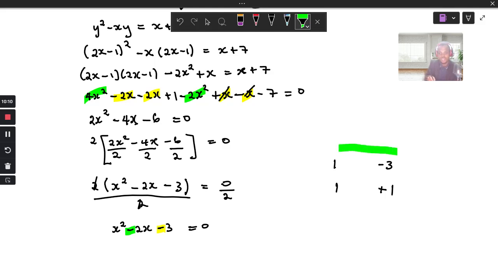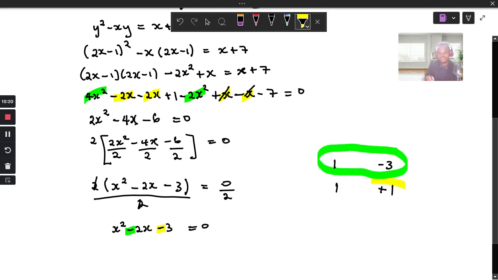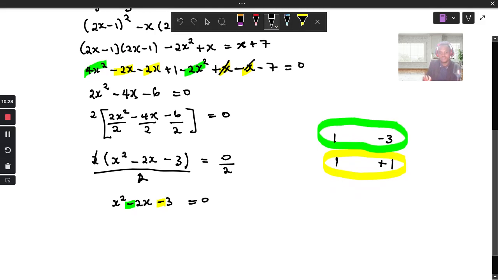So you take factors as they are. This one, take it as it is. And this one also, you take it as it is. And then how do you write these factors of yours?